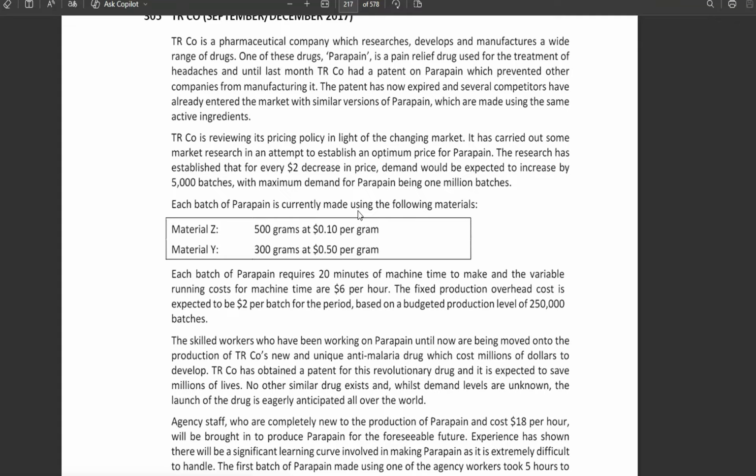Similarly, for material Y, we need 300 gram, which costs around 0.50 per gram. Each batch of paraffin requires 20 minutes of machine time to make, and variable running costs from machine time are 6 per hour. And the fixed production overhead cost is expected to be 2 per batch for the period based on the budgeted production level of 250,000 batches.